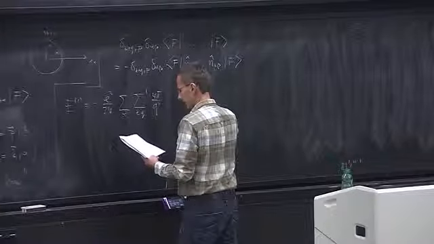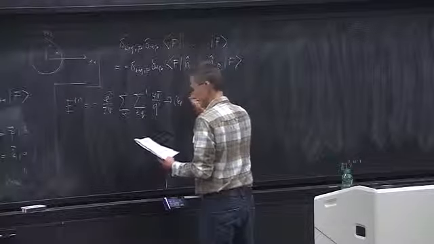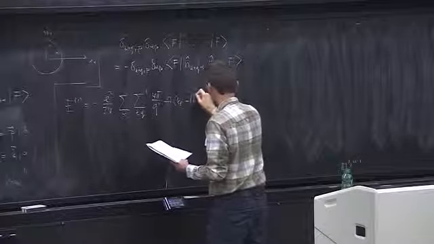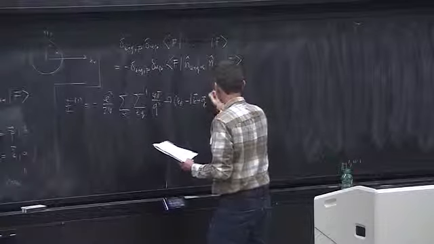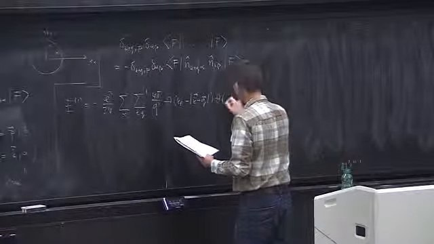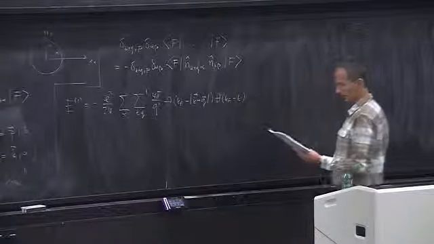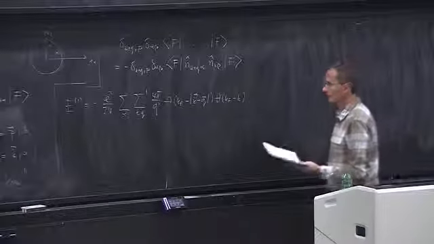And now I have two step functions, theta of K_F minus the magnitude of K plus Q, and theta of K_F minus the magnitude of K. Okay?